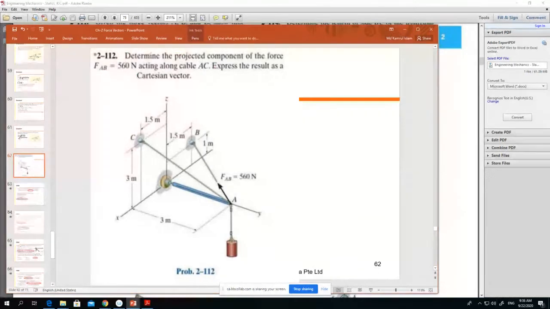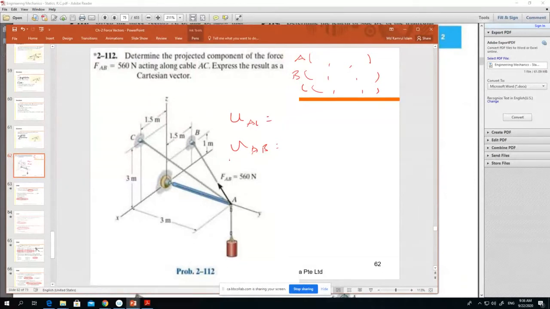We calculated the coordinates of A, B, and C. Then we calculated UAC, UAB, right? Actually, we finished most of the things.